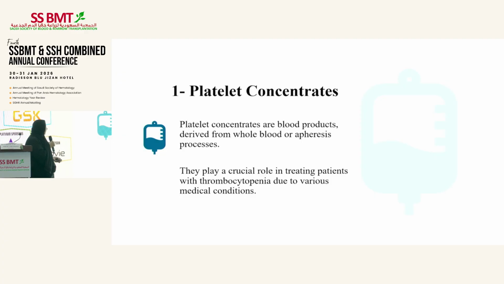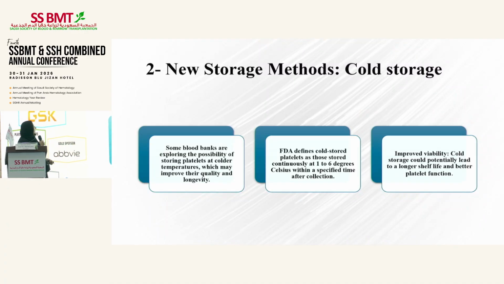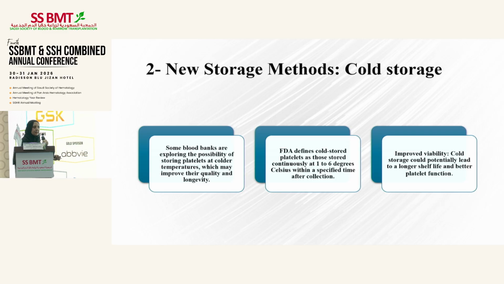As we know, all platelet concentrates are blood products derived from whole blood, and they play a crucial role in treatment of thrombocytopenia. But the second one, the cold storage platelets, is not very new, but it's not used in all countries. Some blood banks are exploring the possibility of storing platelets at cold temperature and using them in bleeding patients.